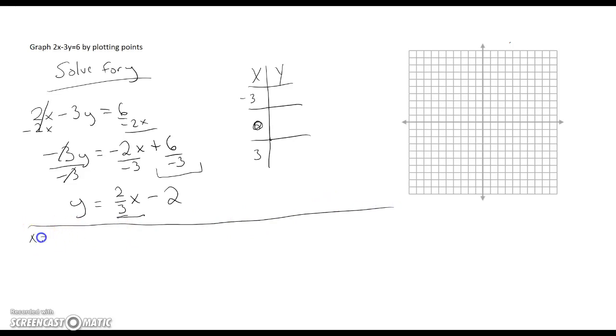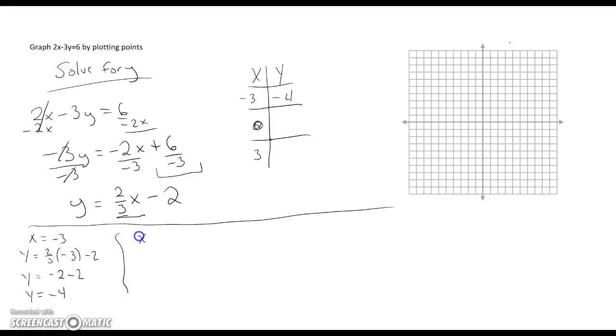So if x is equal to negative 3, y is equal to 2/3 times negative 3 minus 2. 2/3 times negative 3 is negative 2 minus 2. We get y is equal to negative 4. So when x was negative 3, y is negative 4.